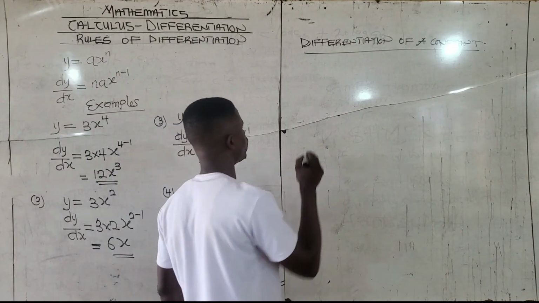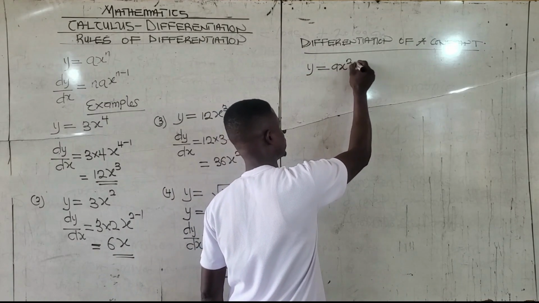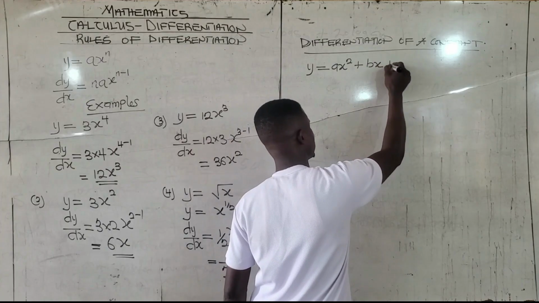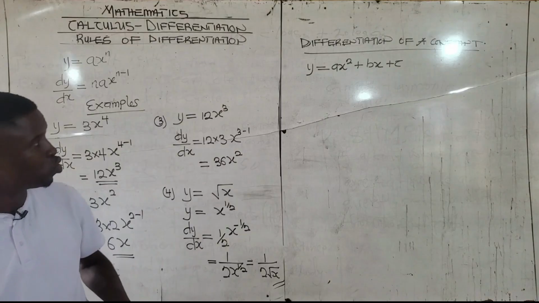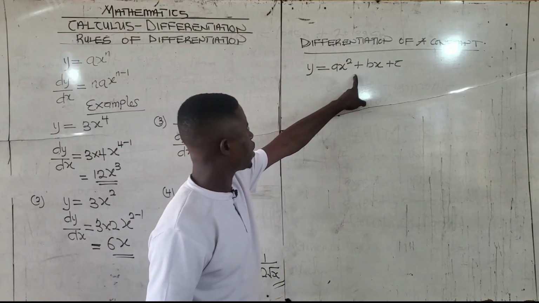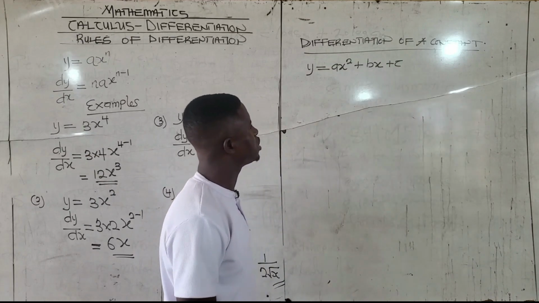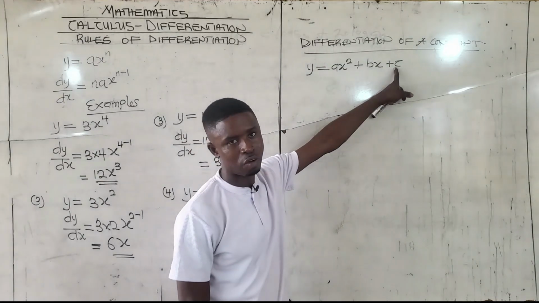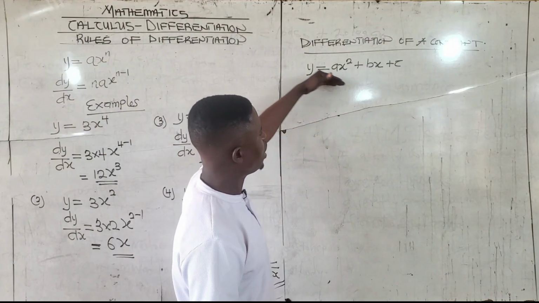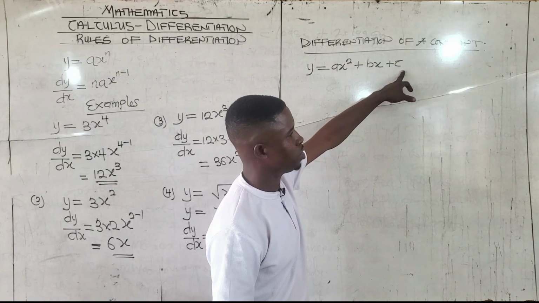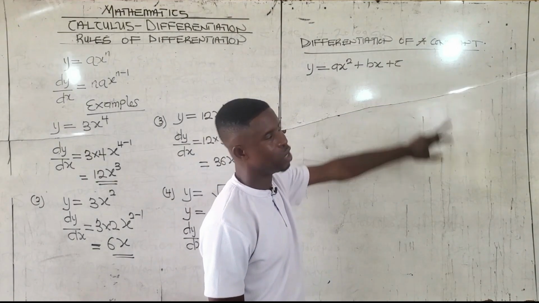When you have an equation of the form y equals ax squared plus bx plus c, the c in this case is called a constant. The c is our constant. Now, according to the rules of differentiation, anytime you differentiate a constant, you get a 0. So we say the derivative of a constant is 0.